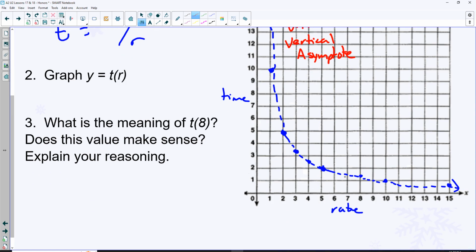On the bottom here, the function gets lower and lower and closer to the x-axis, but never actually gets there. That's a horizontal asymptote. And the behavior of the function is such that it's going to make it towards infinity going to the right before it crosses zero.